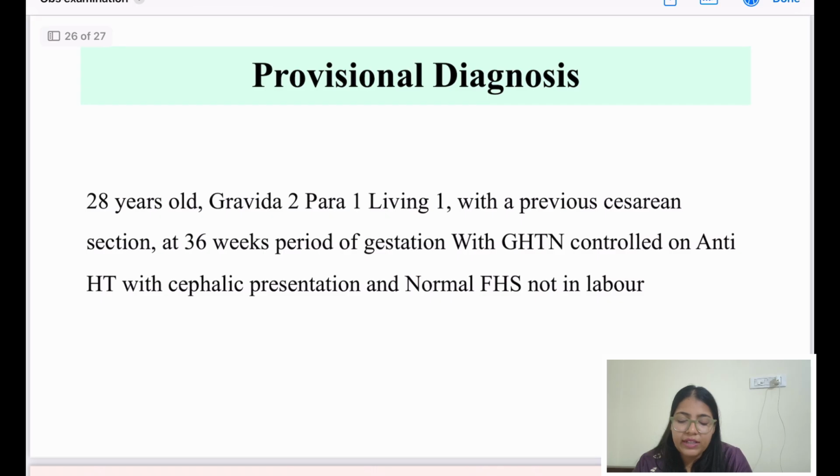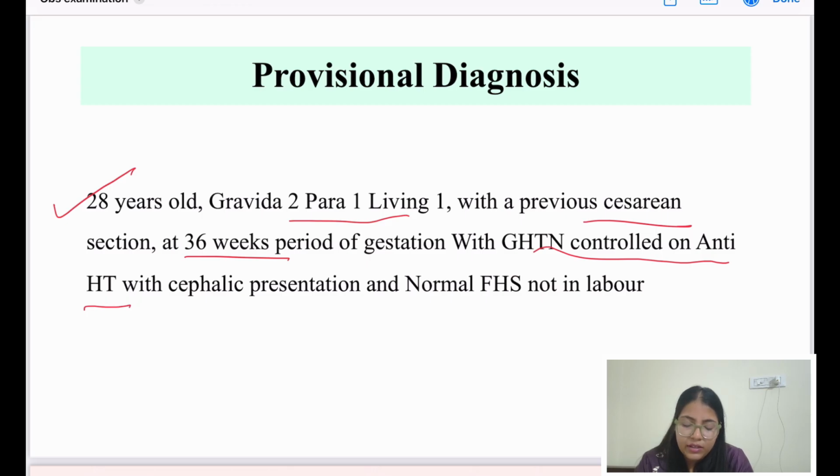So your provisional diagnosis is 28 years old, gravida 2, para 1, living 1, previous cesarean section at 36 weeks period of gestation, with gestational hypertension, controlled on antihypertensive drugs, with cephalic presentation and normal fetal heart sound, not in labor. So at the end always mention not in labor in case of a term patient, if the patient is not in labor.